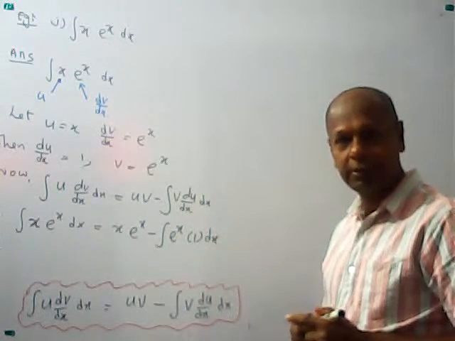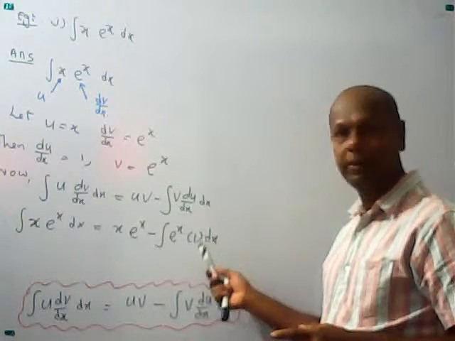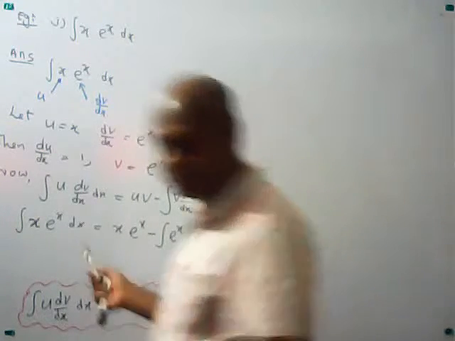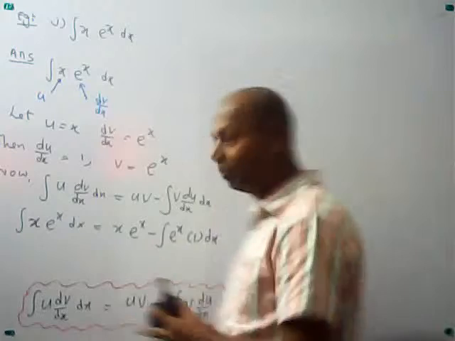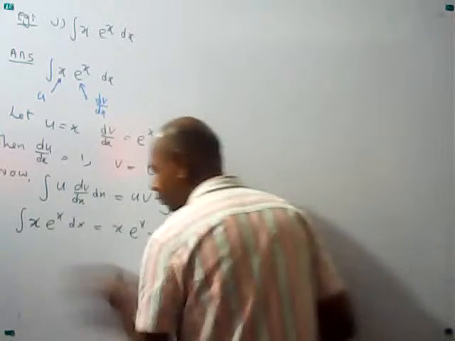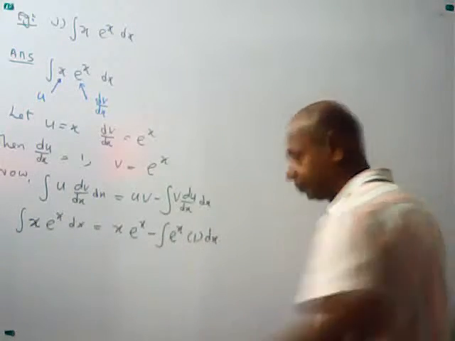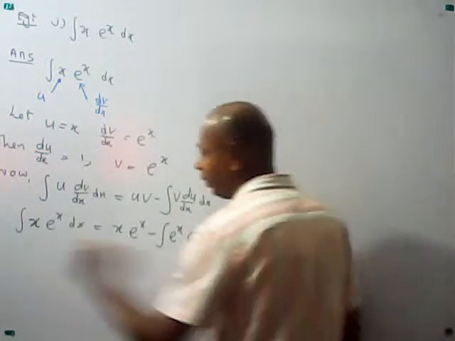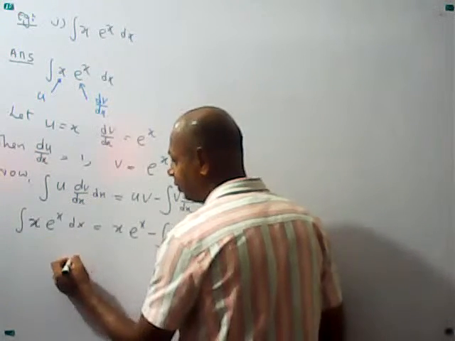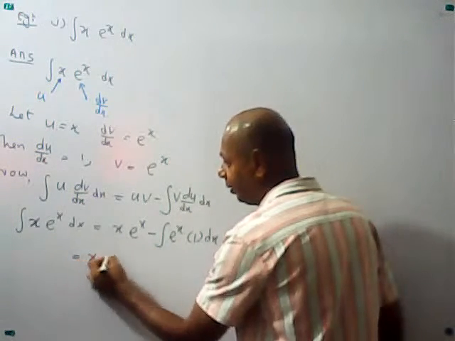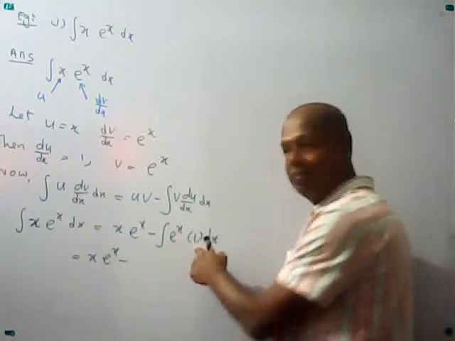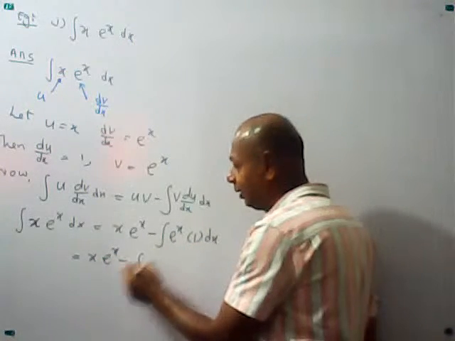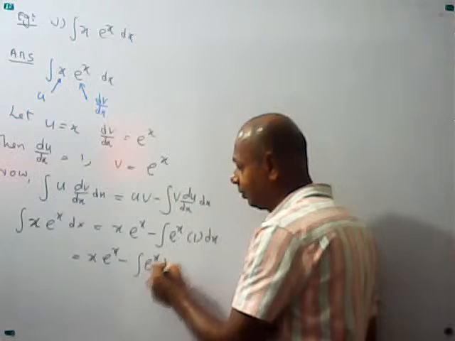That's what you get substituting in the formula, right? So this is equal to x e^x minus the integral of e^x dx.